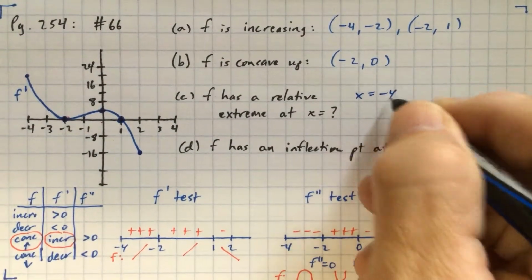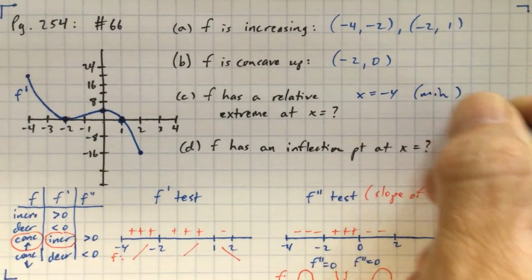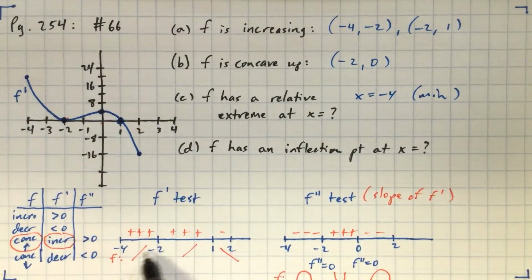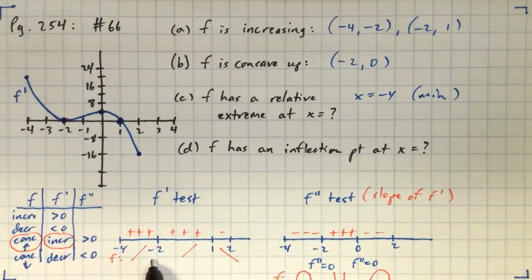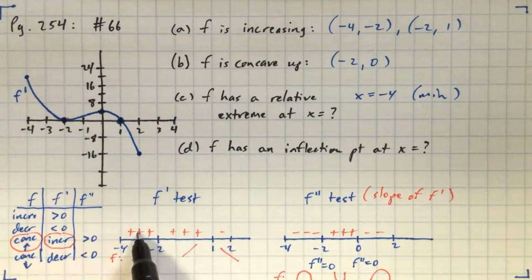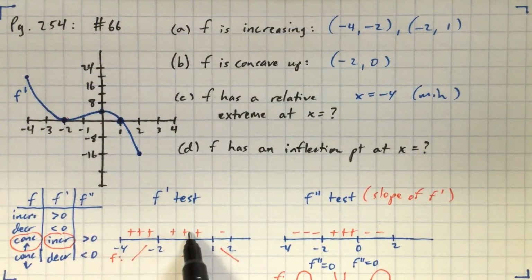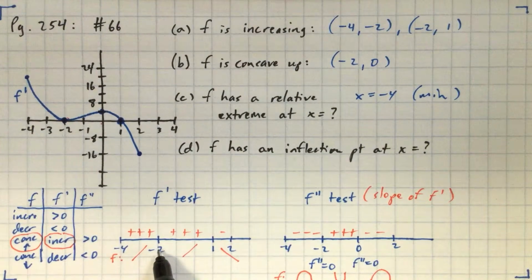At x equals negative 4, we have a relative min. At x equals negative 2, we have a horizontal tangent line, but f goes from increasing to increasing. F prime doesn't change sign, so we have no extreme value.